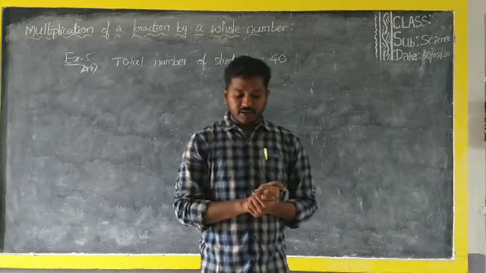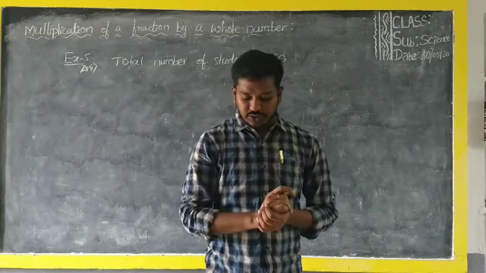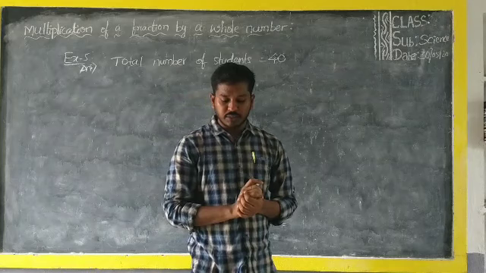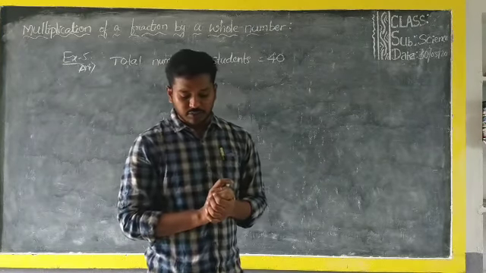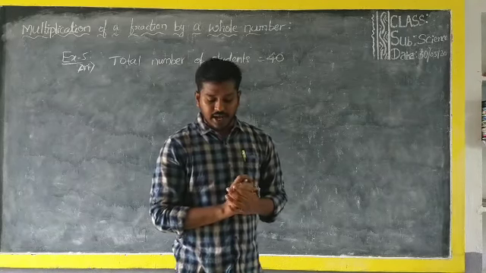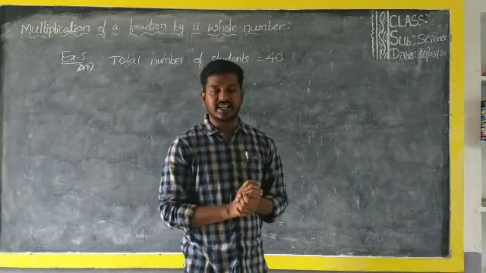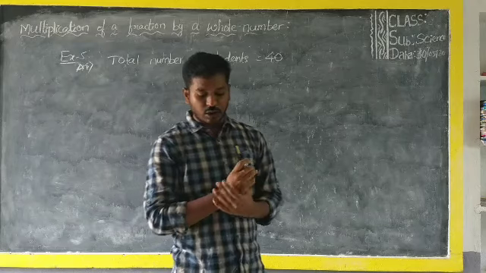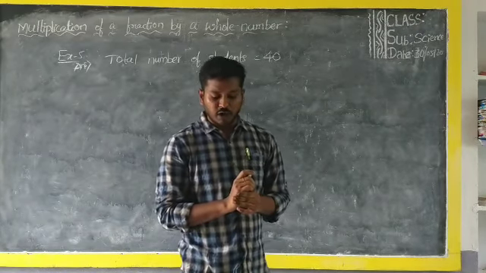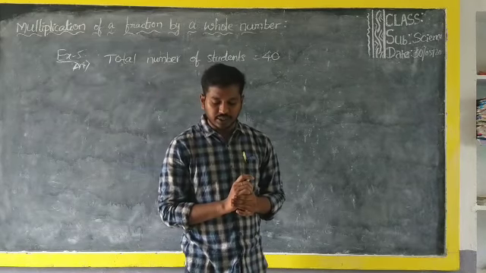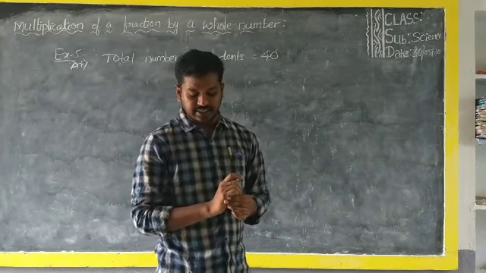In a class of 40 students, 1/5 of the total number of students like to study English, 2/5 of the total number like to study mathematics, and the remaining students like to study science. So we are asked: how many students like to study English, how many like to study mathematics, and what fraction of the total number of students like to study science.